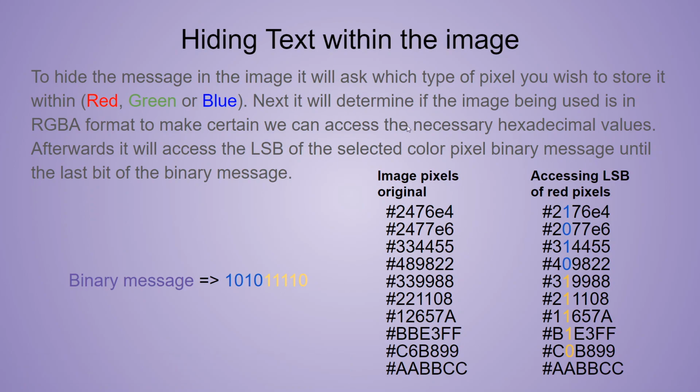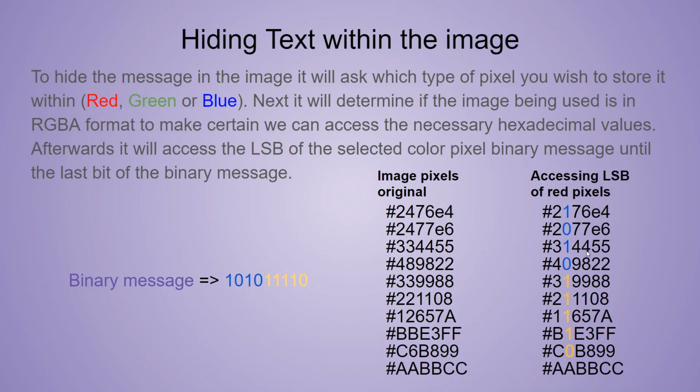This is more of a general overview, but for the sake of this example, I'm going to access the least significant bits of the red pixels. If we look at what it was originally, you would see this 24 for the red pixels of this pixel was changed to 21. Just following it down, you see how this 24 turned into 20.